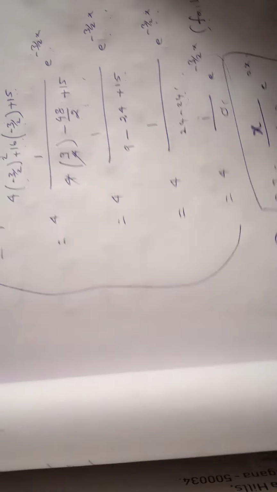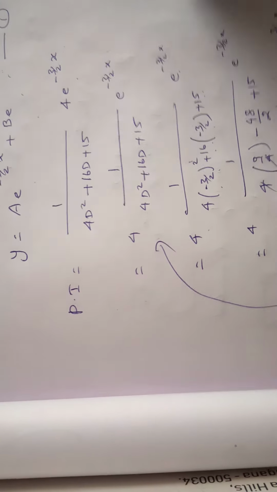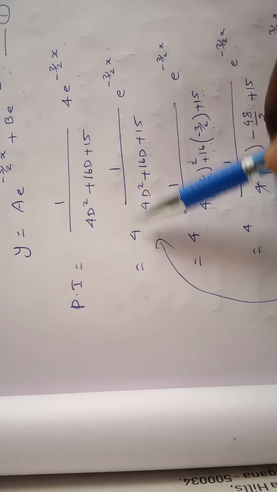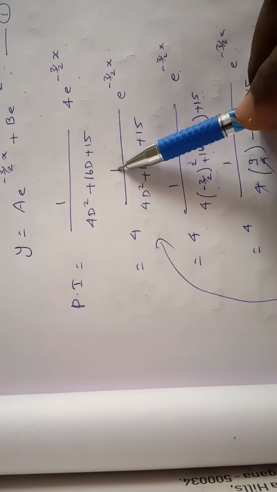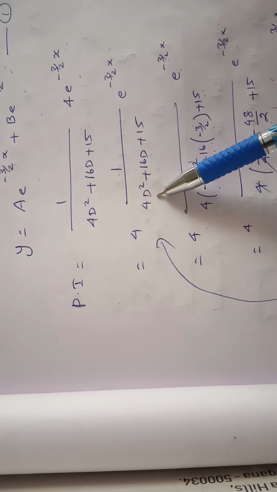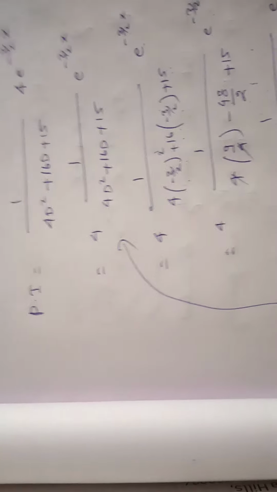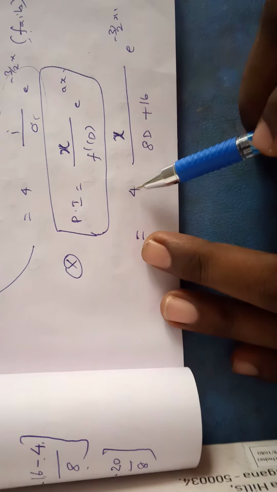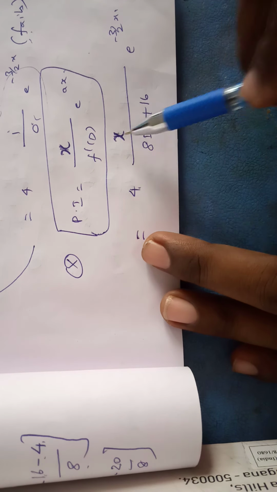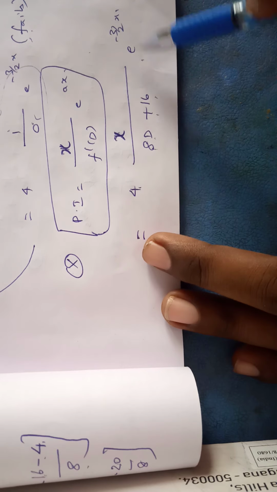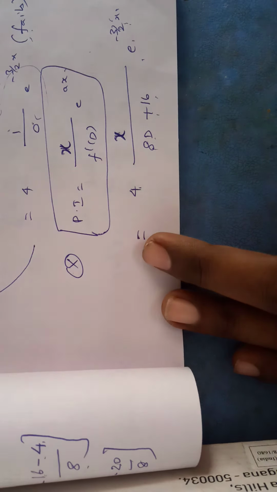Again go back to the original problem. We have to put 4, and 1 can be replaced by x. This function is differentiated with respect to D, meaning 8D plus 16. So we apply this property: 4 into x by (8D plus 16) into e power minus 3 by 2 x.